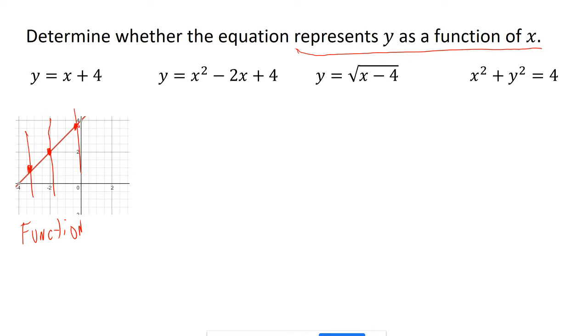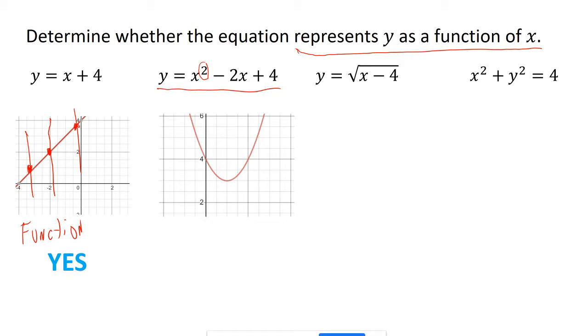If we look at the second graph here, what type of graph is that going to be? Any ideas? Is that a line, or what type of graph is that going to be? I'll give you a hint. Since it has a 2, it's going to tell us what shape the graph is.